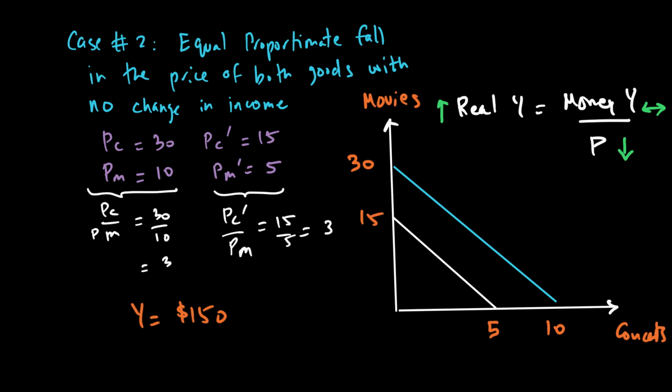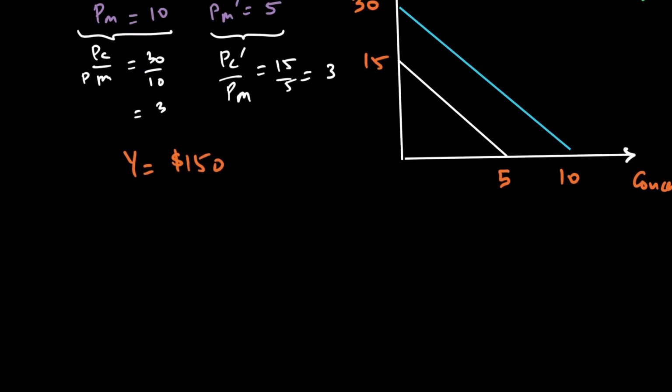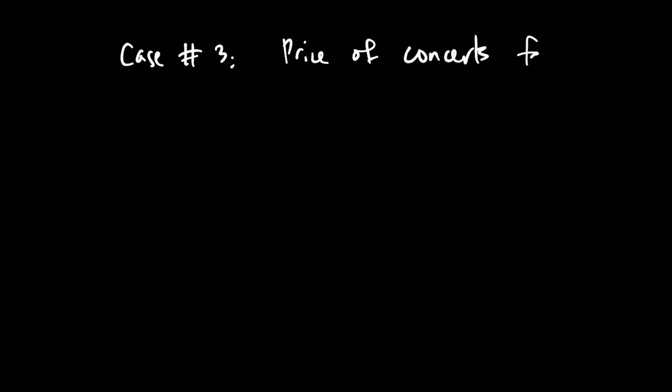The third case is, what if I tell you that there is a fall in the price of one good only. So case number 3 is what if the price of concerts falls with everything else constant.